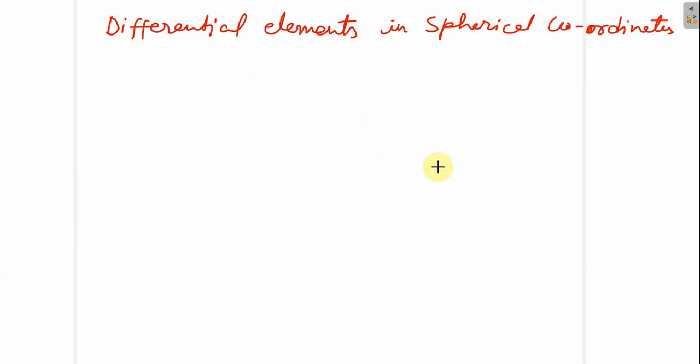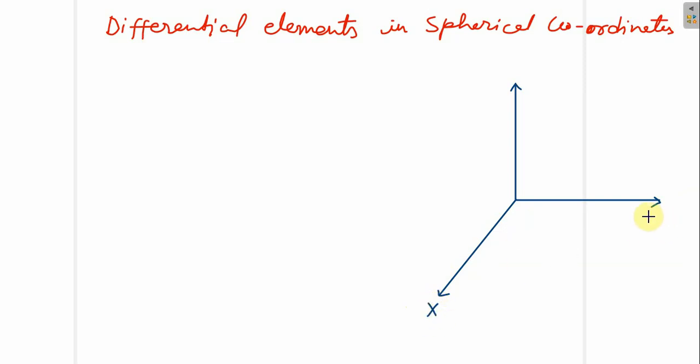So let us draw the three coordinate axes, all the three are mutually perpendicular to each other. So these are the three coordinate axes. Let's name them as we know it.